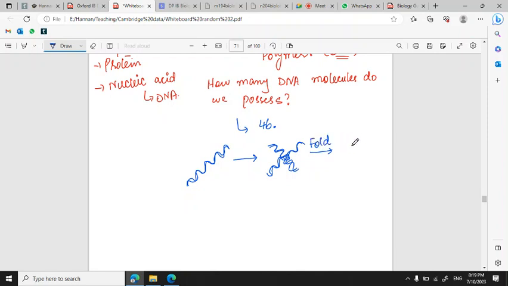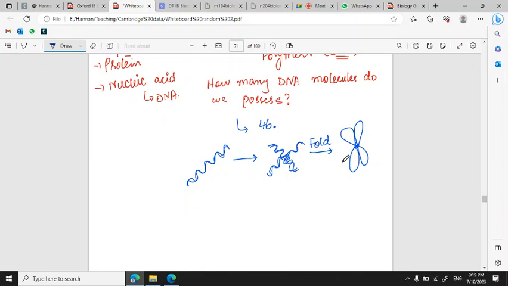Once you fold the DNA, it suddenly becomes a chromosome, and that is why we say that we have 46 chromosomes in our nucleus or in our cells. Why? Because the number of chromosomes is always equal to the number of DNA molecules. This is one of the most basic things.